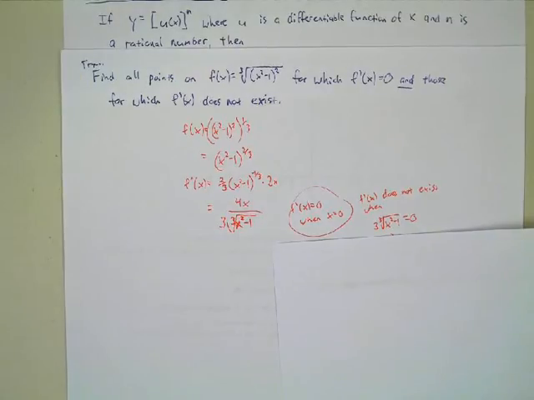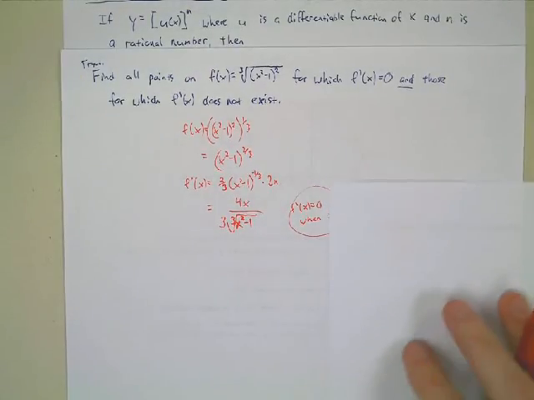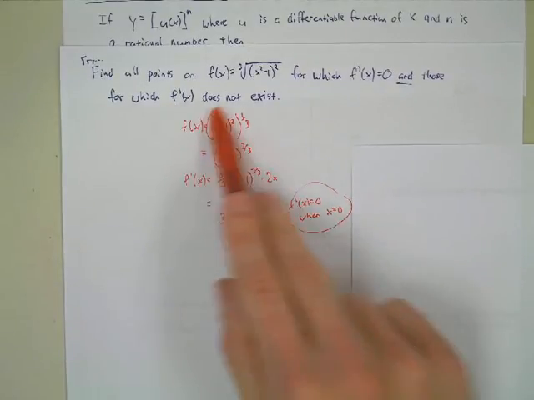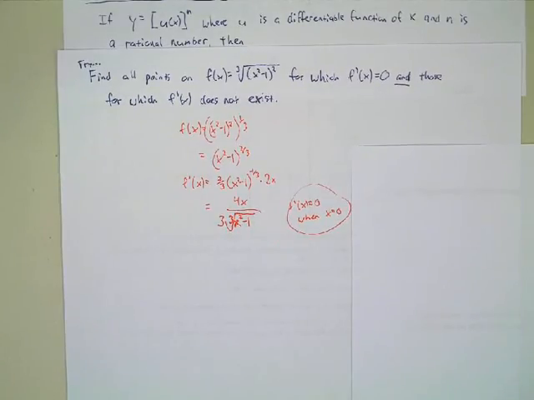Okay? To determine when f prime of x does not exist, what do we look at? The denominator. Or potentially, if we have some even-powered roots here. Since we have a cube root, do we have to worry about x squared minus 1 being negative? No. But we do have to look at the denominator.